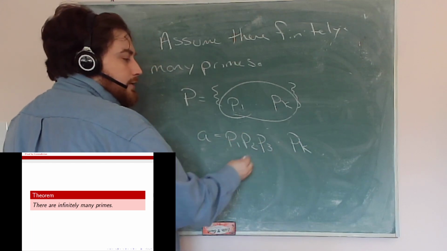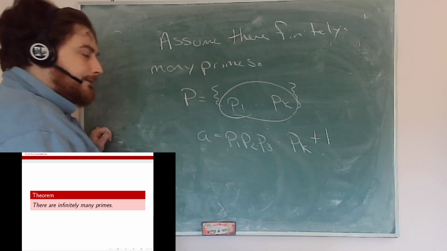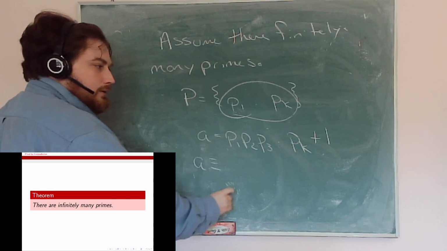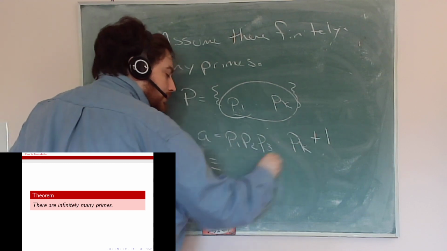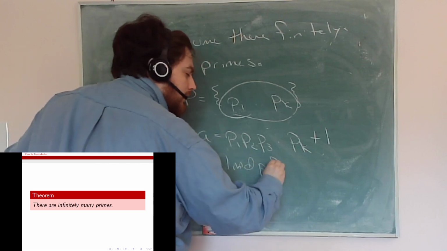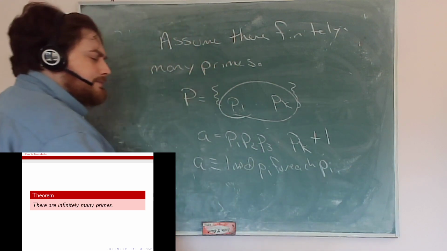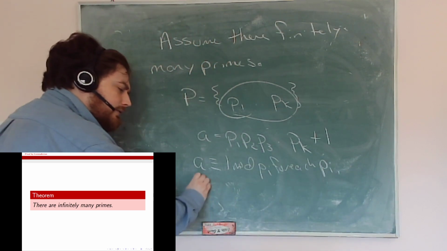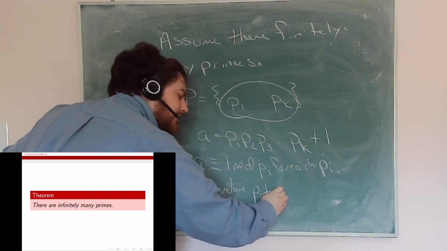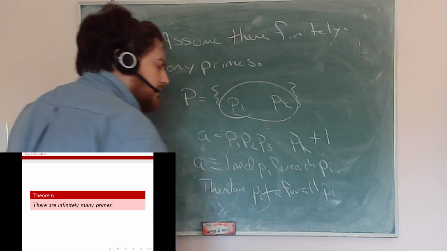This number is indeed divisible by every one of these prime numbers, so let's just add 1. And then what I get is A is congruent to 0 plus 1 mod p sub i for each p sub i. Therefore, p sub i does not divide A for all p sub i.